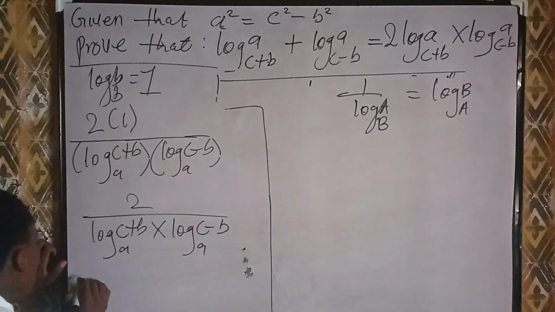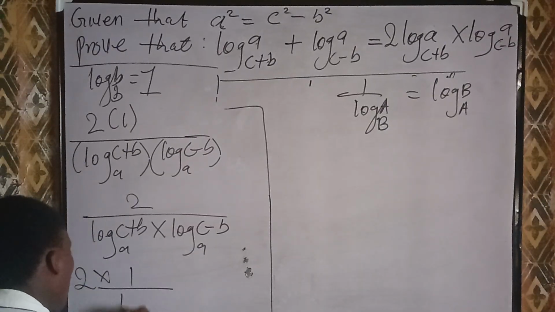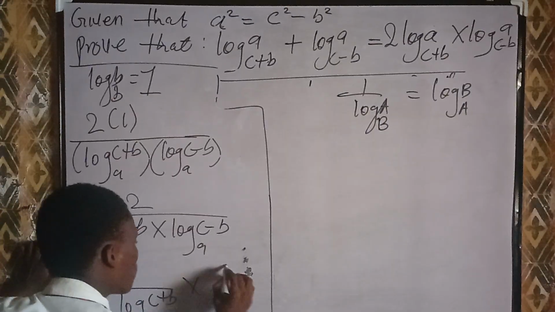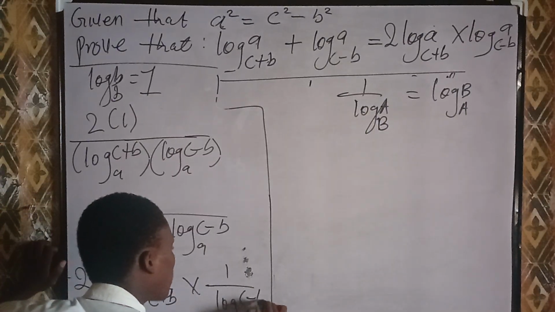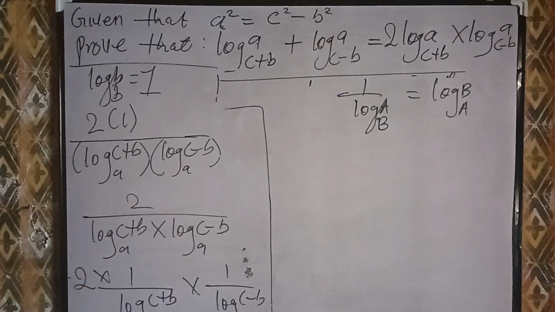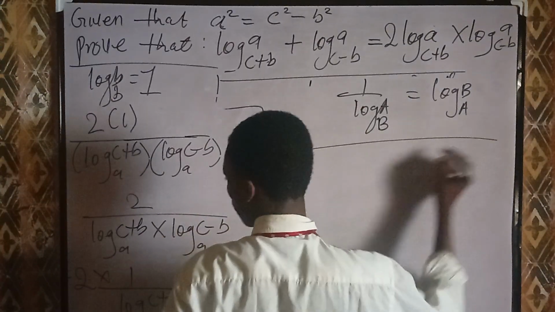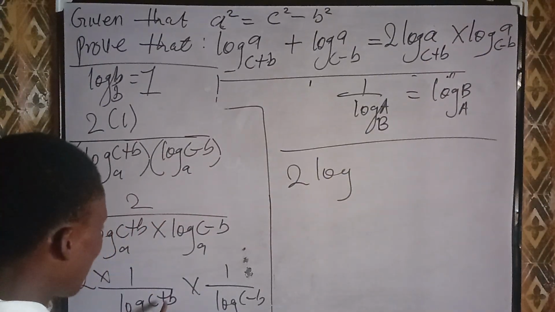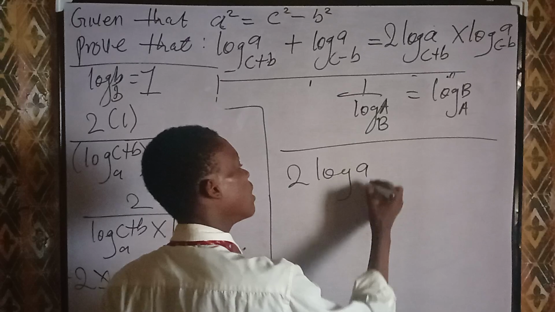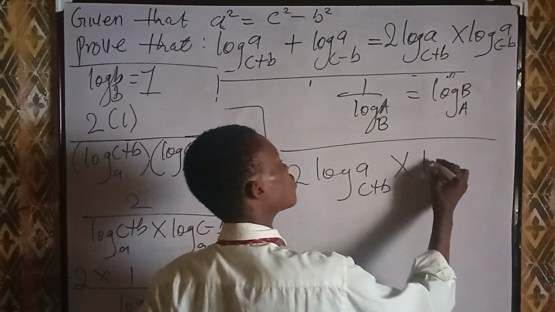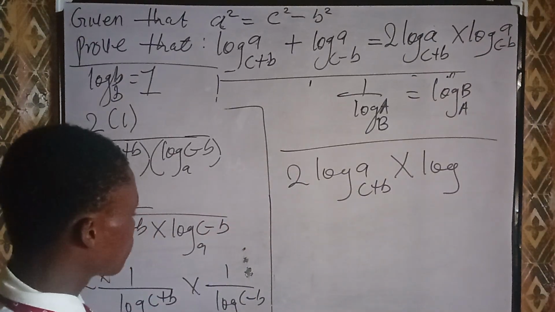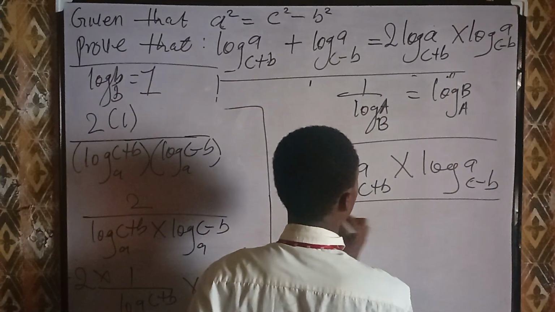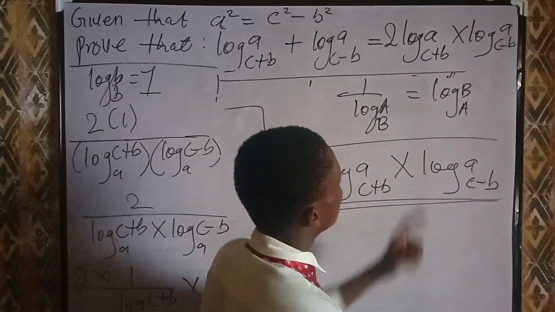So clearly, here we're having 2 times 1 by log_A(C+B) times 1 by log_A(C−B). So if they interchange their position, this becomes 2 log_(C+B) A, where C plus B is coming down and A is going up, times log_(C−B) A, where C minus B is coming down and A is going up. And this is the required proof.